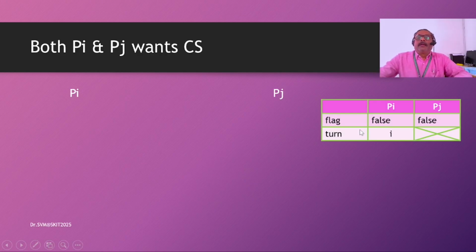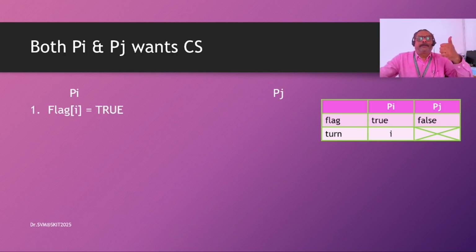To begin, let's assume that the flags for Pi and Pj are both false, and for some reason turn is I. Not necessarily that it should always be I, it can be either I or J. So let's assume that it is I, and that till now both Pi and Pj are not interested in entering the critical sections.